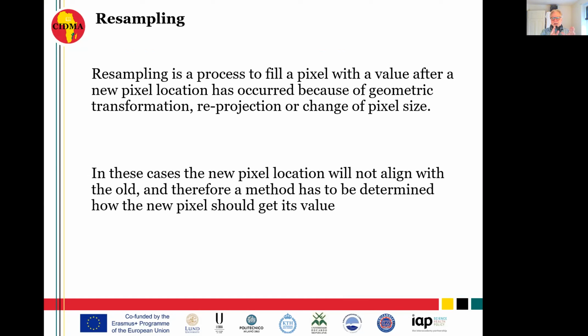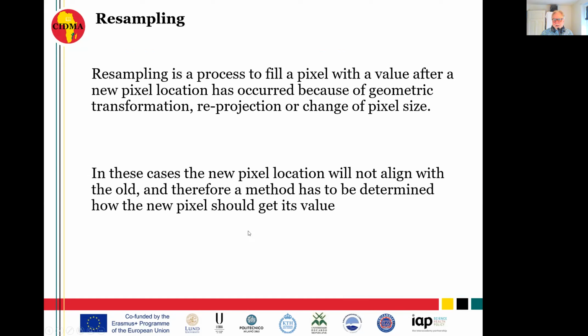Then we can understand that if we reproject, the pixel that used to be in a position will not be there anymore. It will have slightly moved. It can be tilted, or it may have changed. So maybe the cell value that is there from the start shouldn't be the same as in the new pixel location.